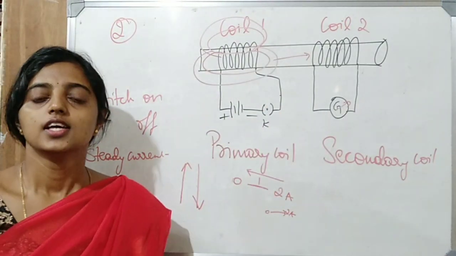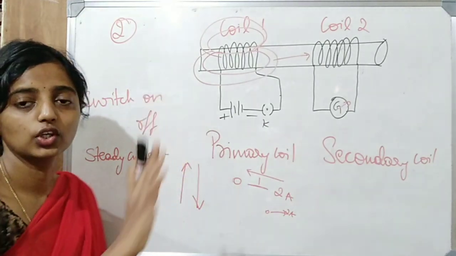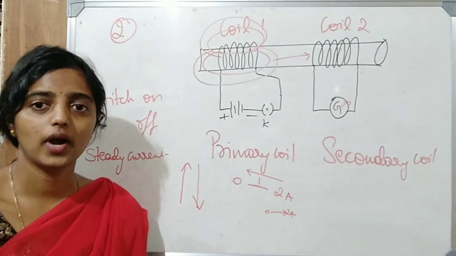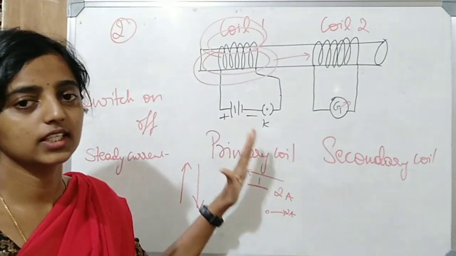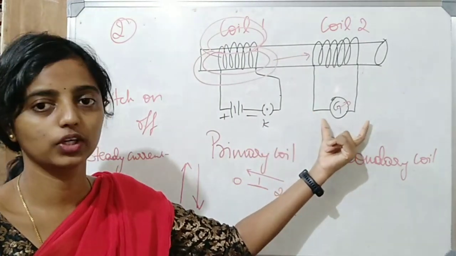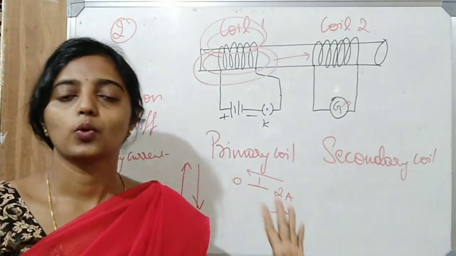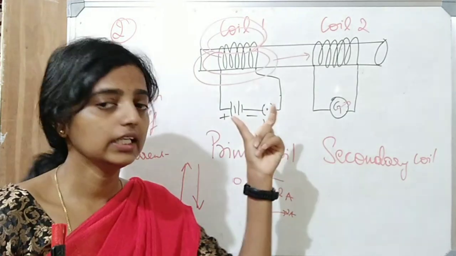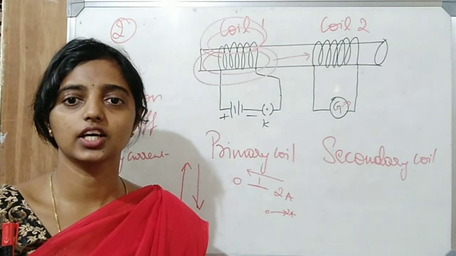This is what activity 2 suggests to us. But the process of the second activity, that means how the galvanometer shows the deflection, that process is called EMI, electromagnetic induction.